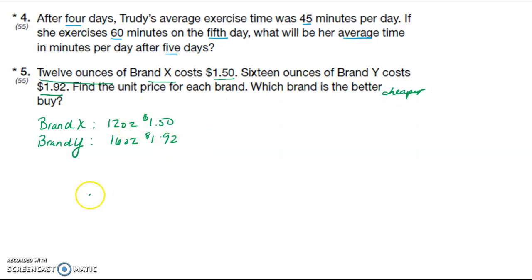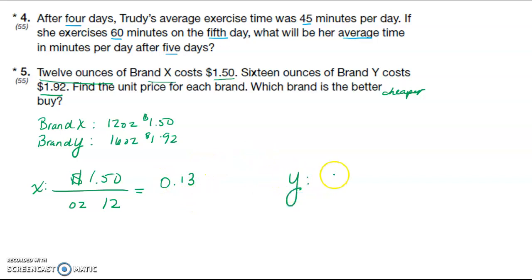Okay, so to find the unit price, we are looking for dollars per ounce. So for brand X, we have $1.50. We plug that into the dollars part. We have 12 ounces, and we're going to divide. So 150 divided by 12 is, if we round it, it's going to be 13 cents.